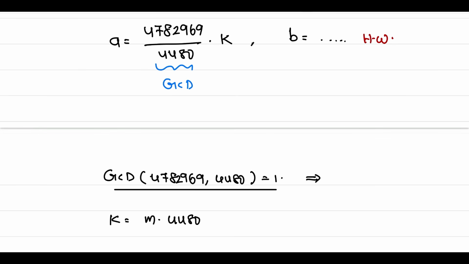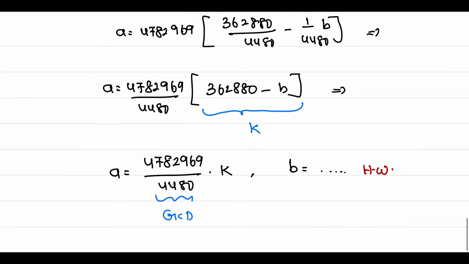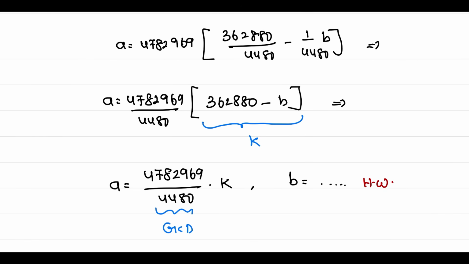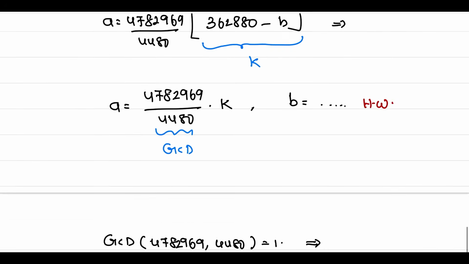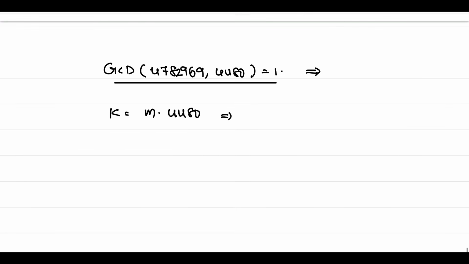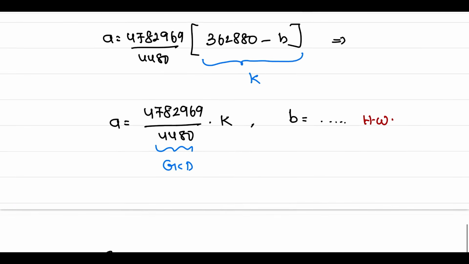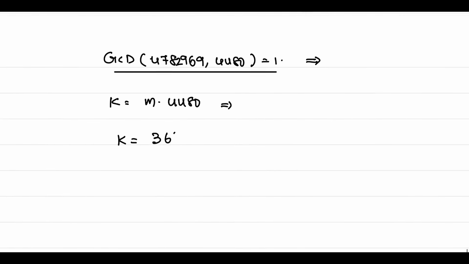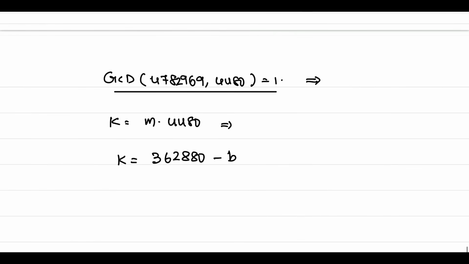Did you get this? Then once K is equal to M into 4480, K is equal to 362880 minus B, that is equal to 4480 into some M.